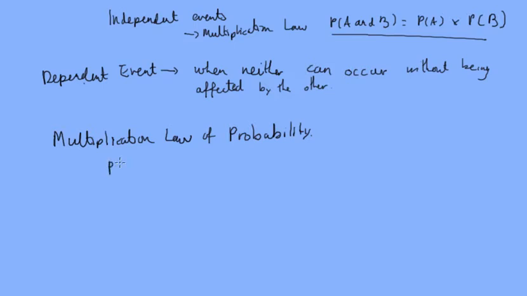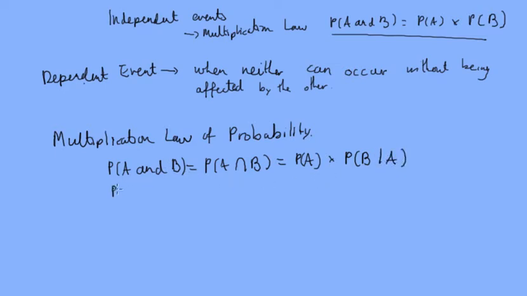So the probability of A and B is equal to the probability of A multiplied by the probability of B given that A has occurred.